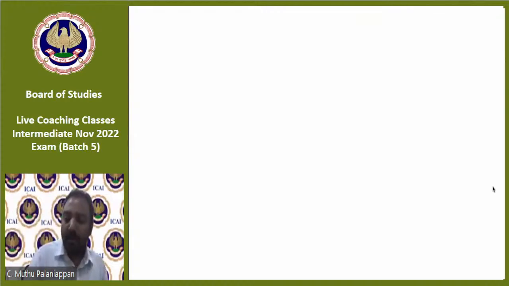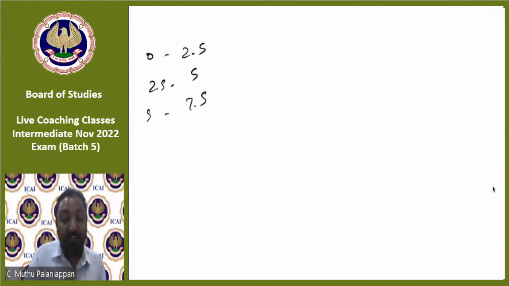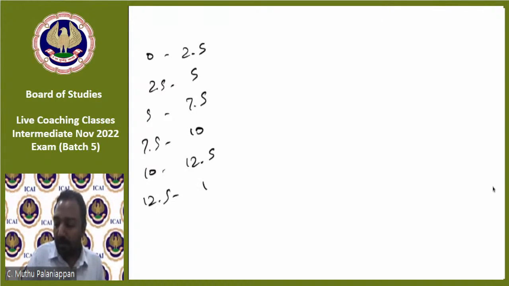So we'll remember that. Now, for every 2.5 lakhs, that is 0 to 2.5, 2.5 to 5, 5 to 7.5, 7.5 to 10, 10 to 12.5, 12.5 to 15, and 15 and above. Remember this.